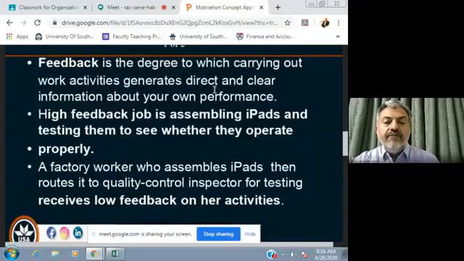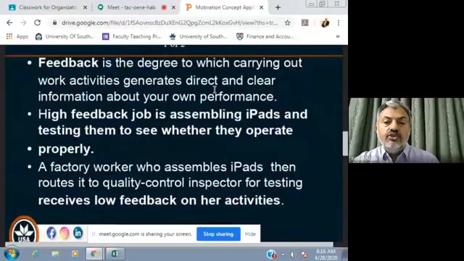A high feedback job is assembling iPads and testing them to see whether they operate properly. You assemble an Apple iPad, and then you test it and see whether it works properly or not.